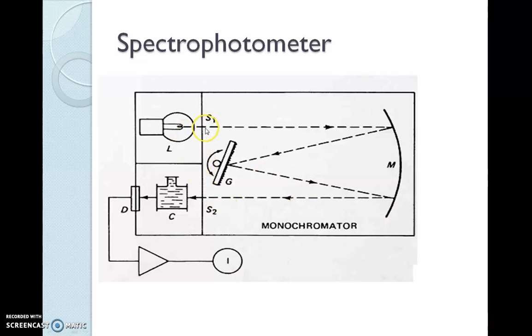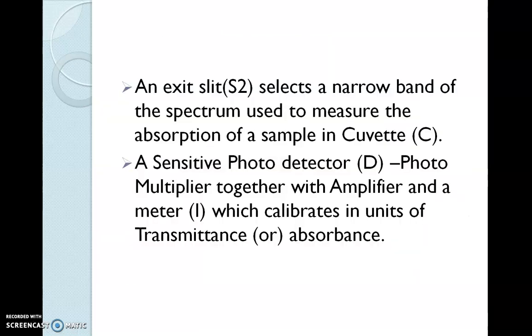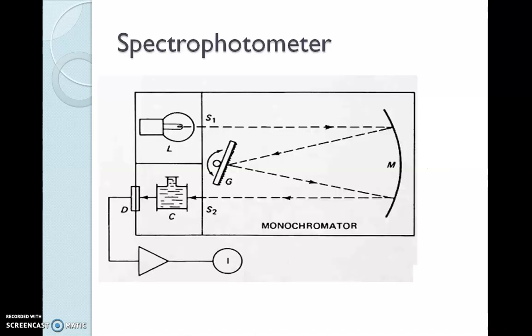The entrance slit is S1, and then an exit slit S2 selects a narrow band of the spectrum, which is used to measure the absorption of a sample in cuvette C. The cuvette is used to store the sample solutions, and S2 is the exit slit. From this exit slit only, the light is passed over the cuvette C.